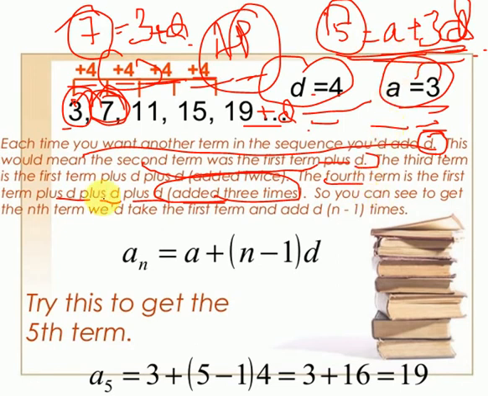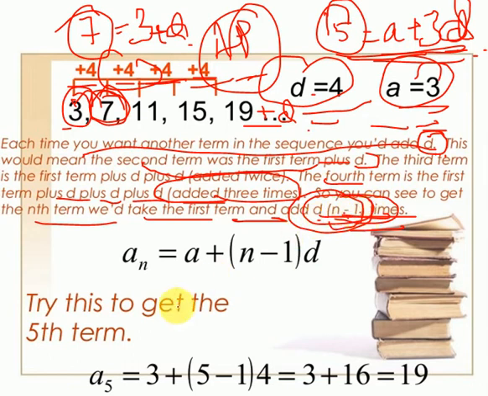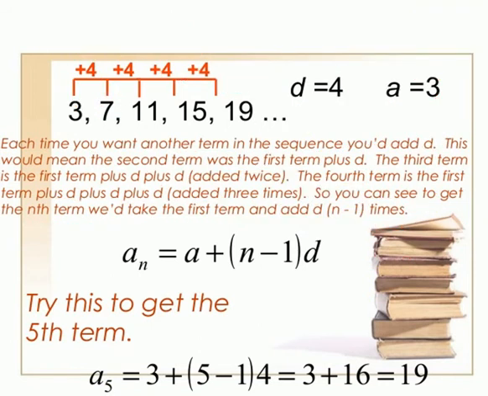So you can see that to get the nth term, we take the first term and add D, n minus 1 times. Okay, so it is saying that we have to multiply D by n minus 1 and add it to the first term to get the term that we want.